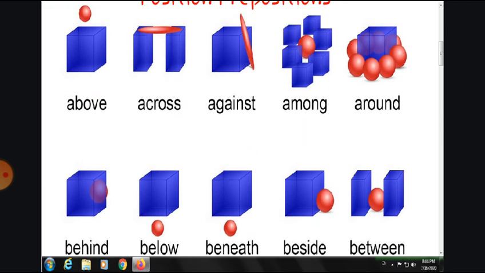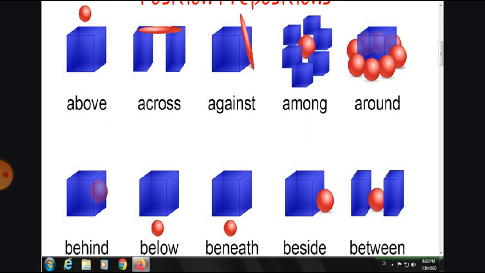Even other preposition is also given here, that is below. So below as a preposition you can also use here. Below as a preposition can be used easily, as here you can see one box is there, and under that box one ball is there.